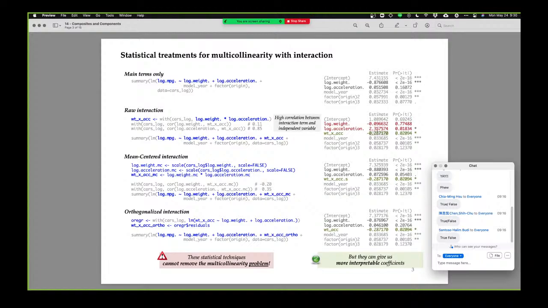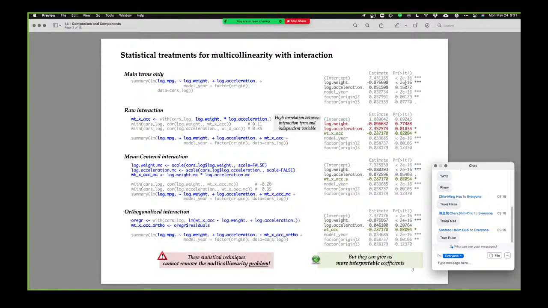But what's more troubling is that once I introduce this interaction term, my slope estimates for weight and acceleration suddenly got thrown off. For example, you'll notice that weight has gone from minus 0.87, one of the strongest effects on log miles per gallon, to 0.09 now. And in fact, it's insignificant now.